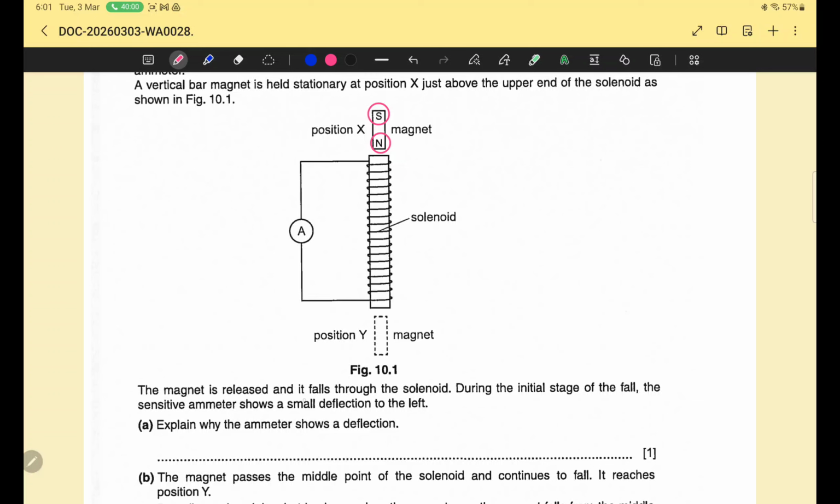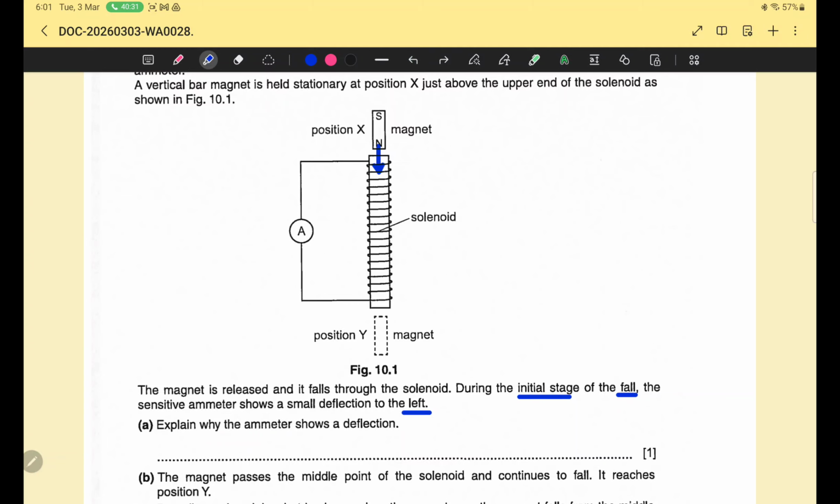The magnet is released and it falls through the solenoid. During the initial stage of fall, when the magnet enters the coil, the ammeter shows deflection to the left. The first part is very simple. Why does the ammeter show deflection?